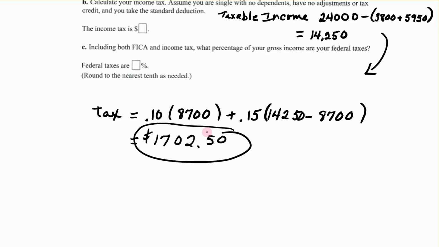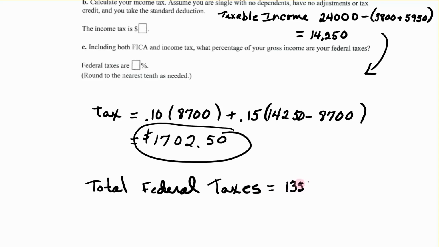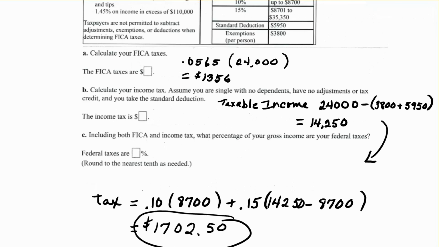And now it says including FICA and income tax, what percent of her gross income are your federal taxes? Okay, let's see. Total federal taxes are, she had $1,356. Let's make sure about that.